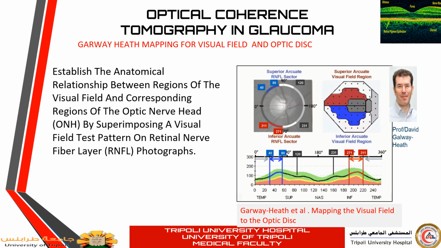Similarly, the blue one here, the superior temporal, is reflected inferiorly here, and the gray one here in the center is due to the papillomacular bundles, and the remaining part of the visual field here, the light gray area, and the white is the far periphery of the visual field. So this principle exactly shows the topographic relation between the areas of the optic nerve affected and the corresponding areas of the visual field that will be affected.